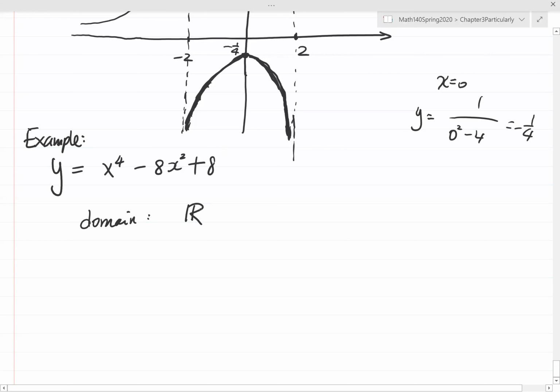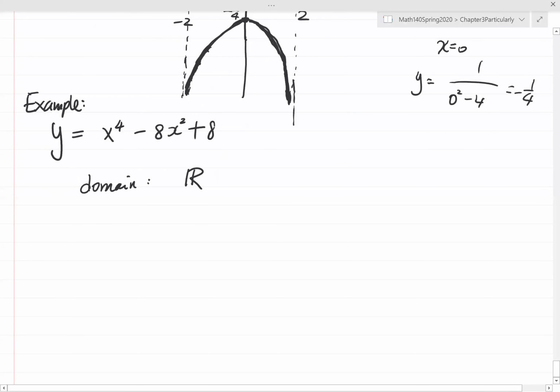And then its symmetry. First of all, you see we only have even powers of x, so it's an even function.